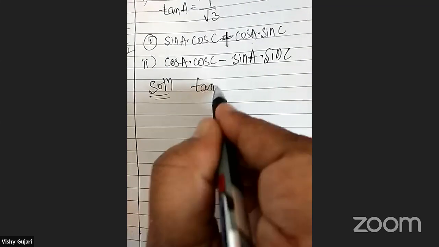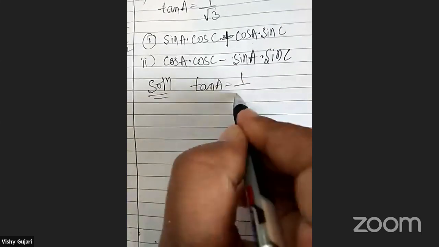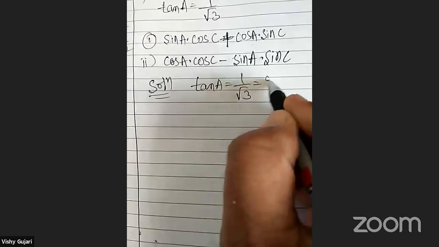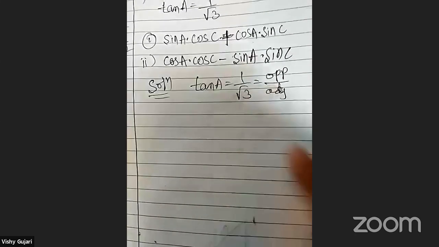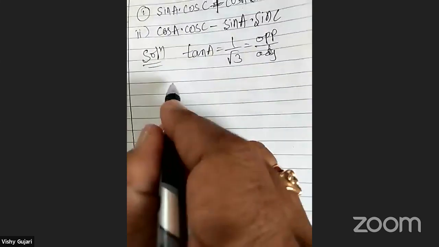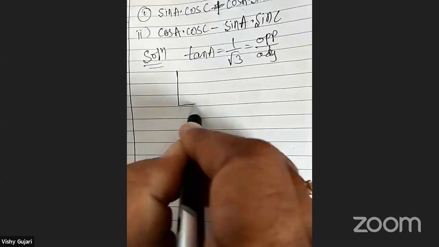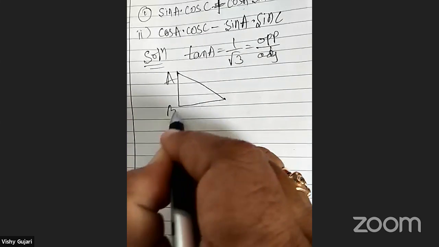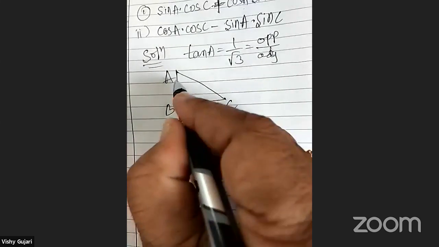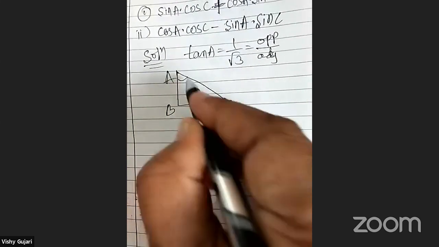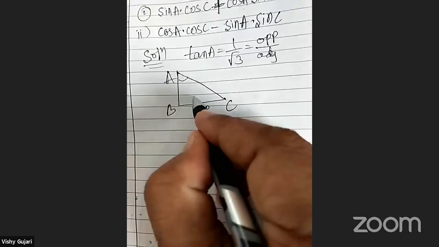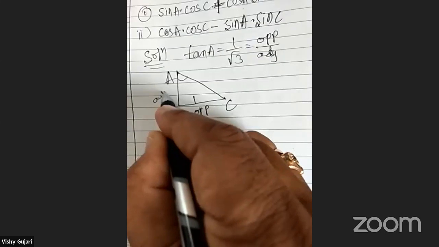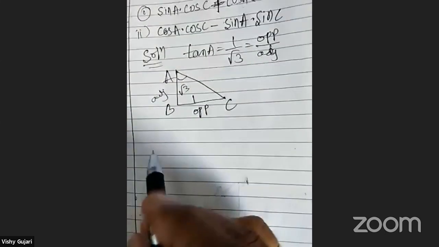Tan A is equal to 1 by root 3. Tan is opposite by adjacent. In the right angle triangle ABC, right angled at B, marking A, the opposite is 1 and the adjacent is root 3.